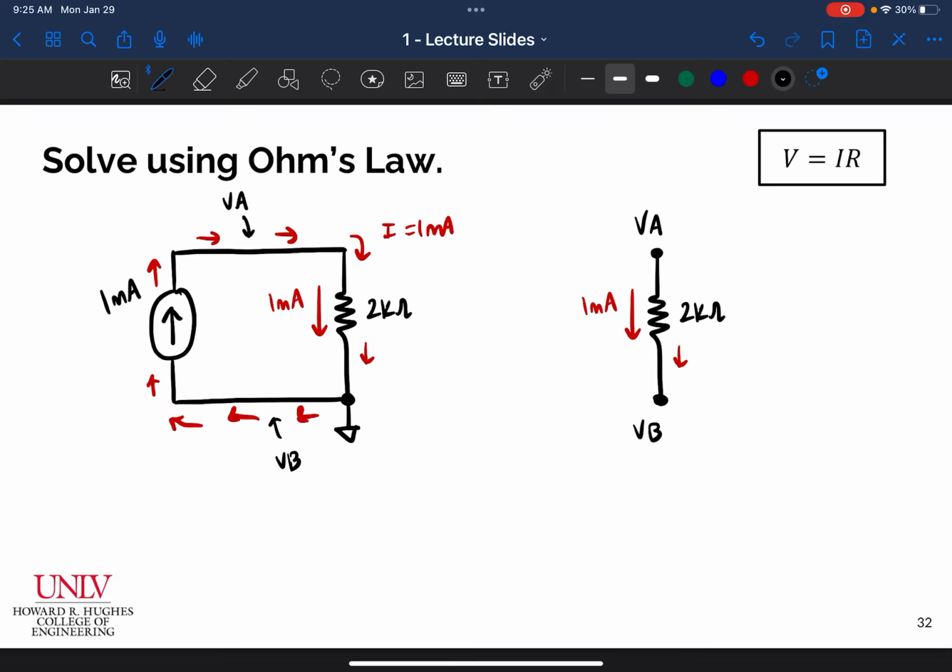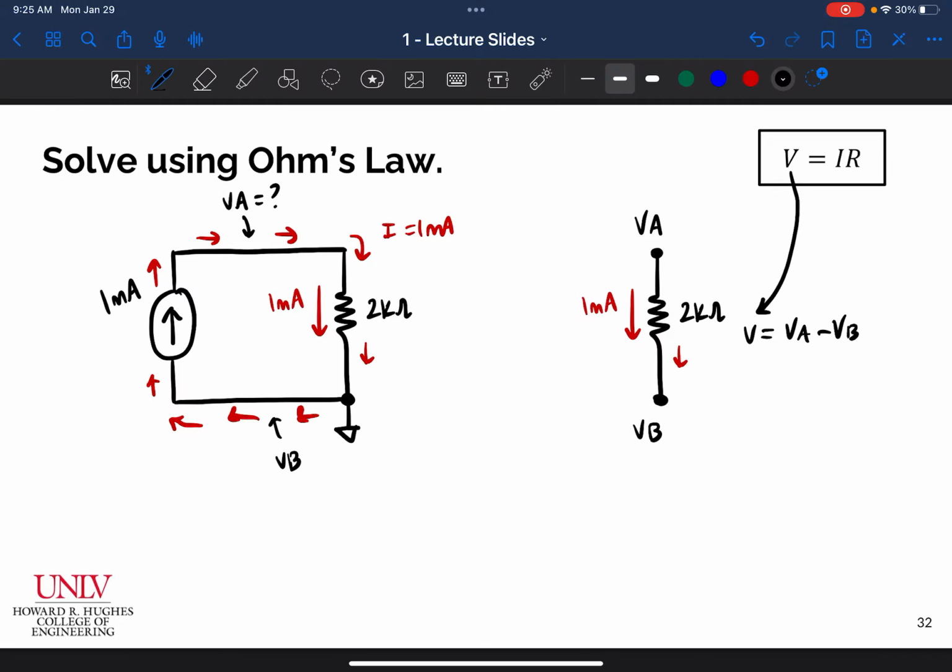And what I want to do in this circuit is determine the voltage VA. Let's say that's what the question was asking. What is the voltage VA? That's what I'm trying to solve for. We can solve this using Ohm's law. Of course, the V in Ohm's law does not talk about VA or VB, but rather the difference between VA and VB.